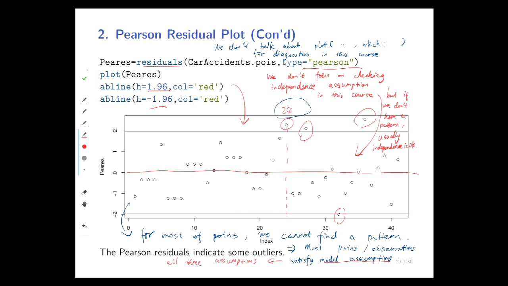In other courses, you may have some pattern in this plot, because here we actually plot the Pearson residual versus the index. That means the x-axis is the number of observations.